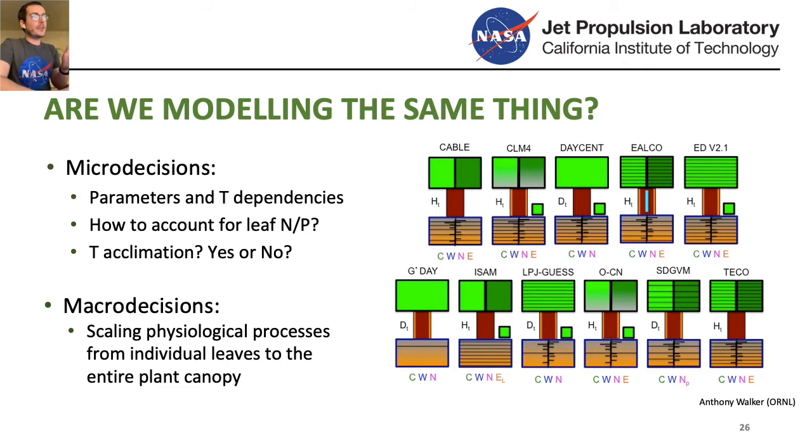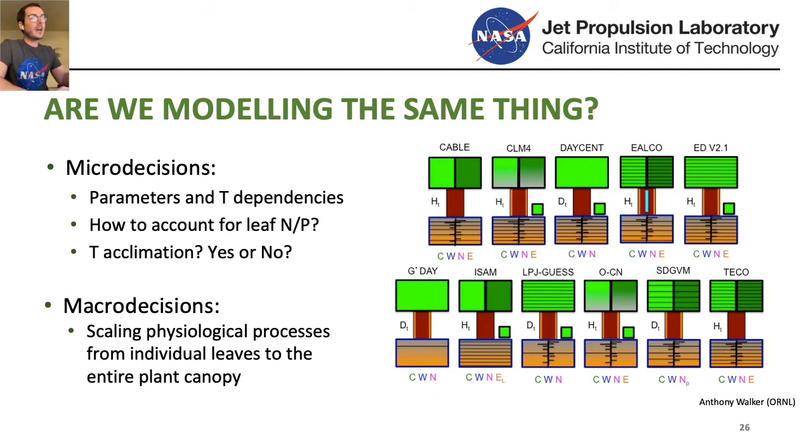Then if you see only one color, it doesn't. Then if you see all these horizontal lines here, it means that the canopy is a multi-layer canopy in radiative terms. So it's a leaf on top of a leaf, right? So JULES would be something like TECO, would be something like this, where we have 10 layers and we have differences between sunlit and shaded leaves.